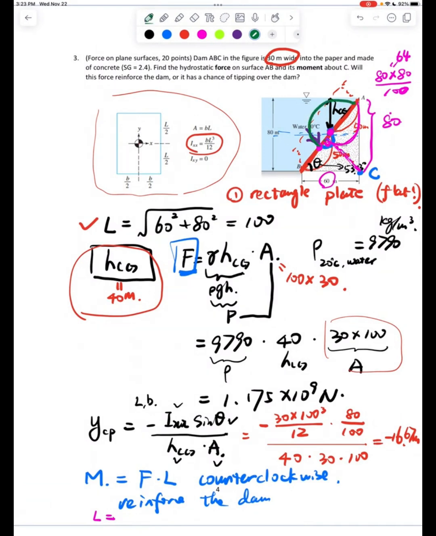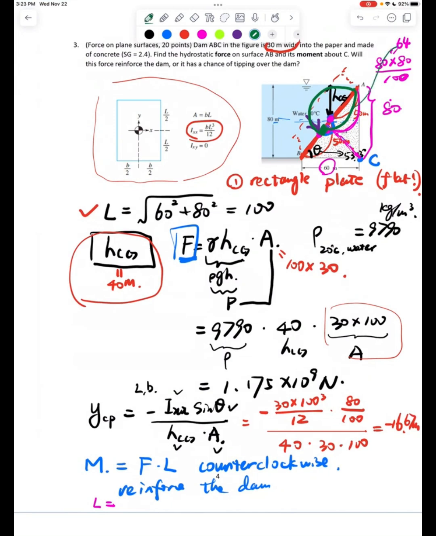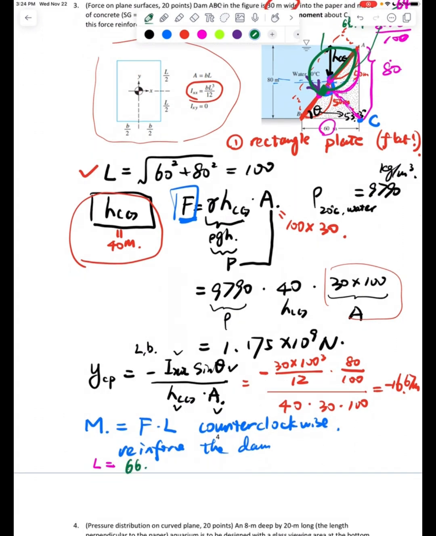Okay, great, minus this part, and only this small range is our L. This part equals 64, and this part equals the length of this part minus your CG, so it equals 66.67 meters. So your L equals 66.67 minus 64, which equals 2.67 meters.